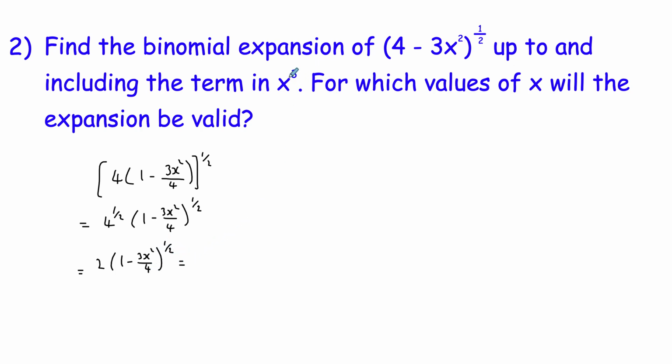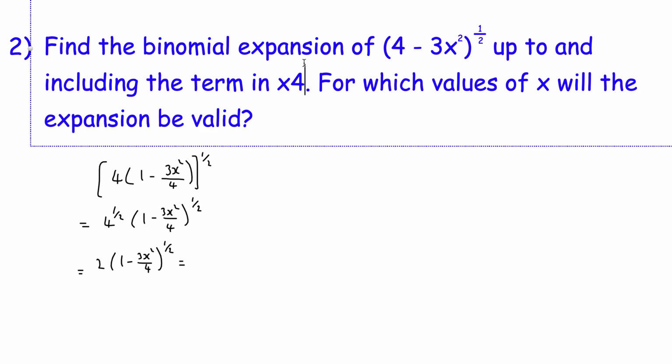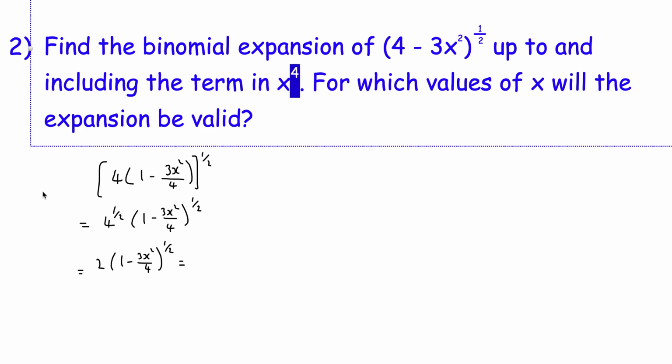We are going up to the x cubed term. Notice that says x cubed. I'm just going to tweak the question actually. I'm going to change that to a 4. You'll see why in a minute.